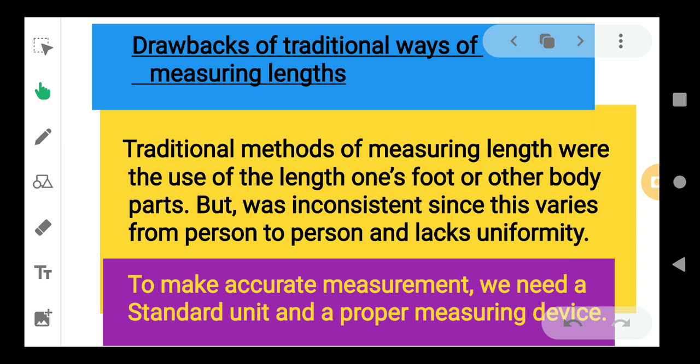So, if you measure like that, there is no uniformity. It varies from person to person. To make accurate measurement, we need a standard unit and a proper measuring device.